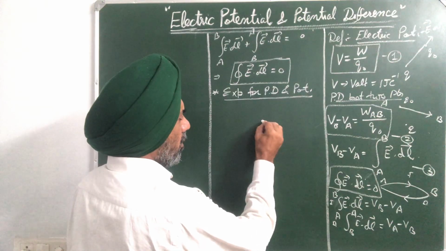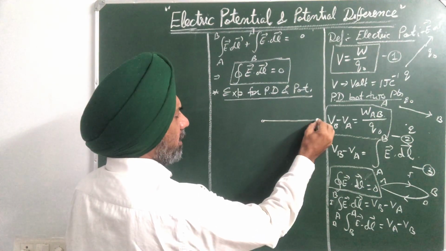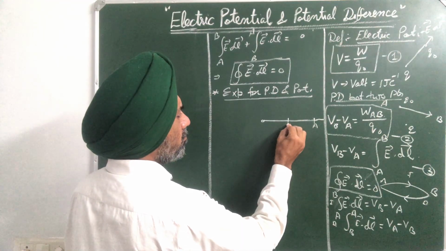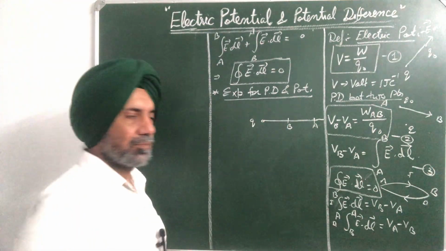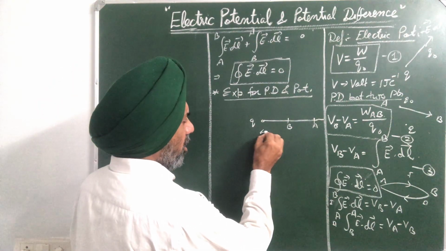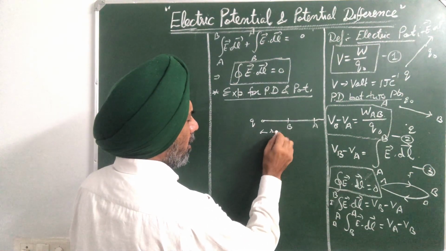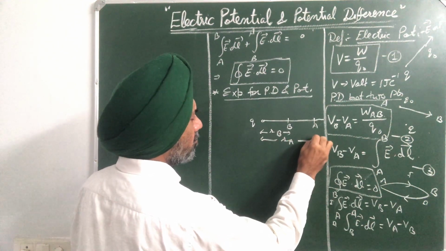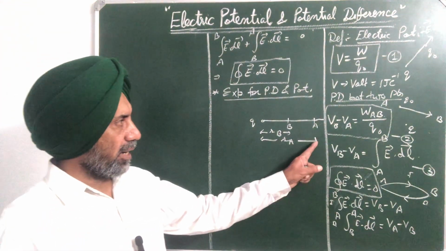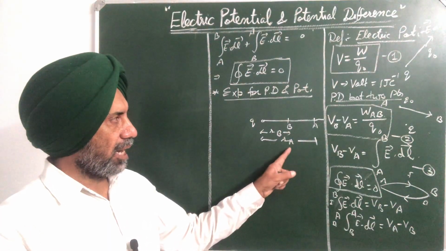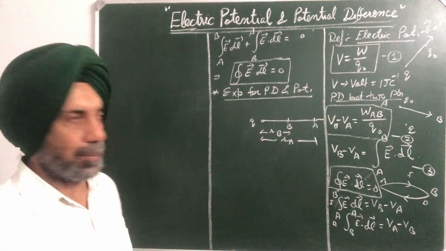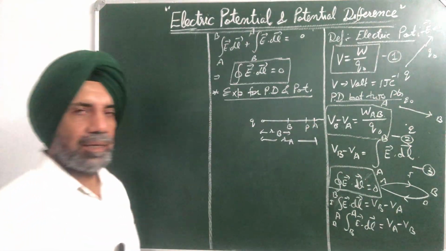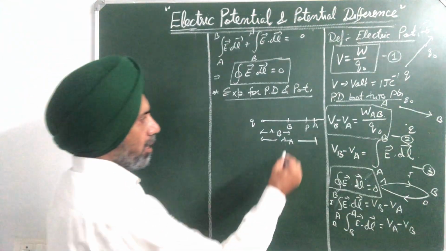Now suppose we have two points A and B at distances RA and RB. The distance of point A from charge Q is RA, and of point B from charge Q is RB. Let there be a point P in between A and B.